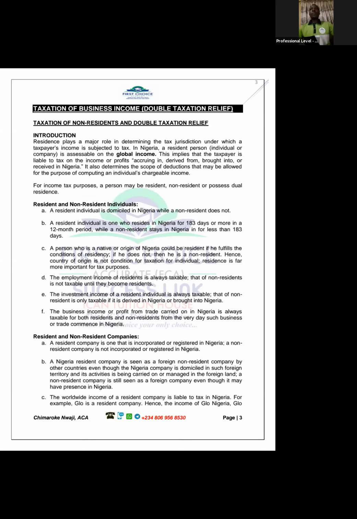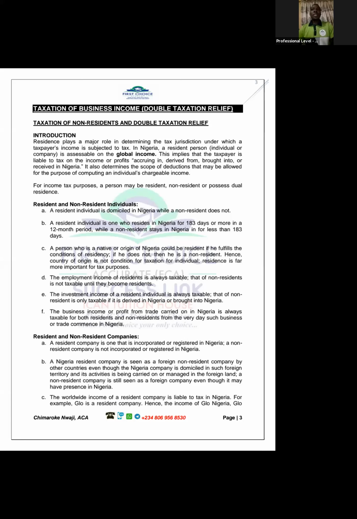So can we think of any company that is Nigerian and earning foreign income? Okay, let me give you an example. Let's assume, for the sake of this illustration, that Glo Nigeria decides to set up Glo Ghana or Glo South Africa.